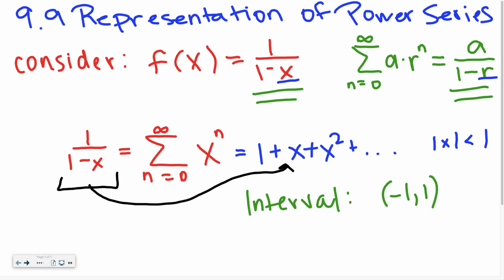Okay, 1 times what is 1? 1. So what do we get? Negative 1. 1 times what is x? x. We multiply and subtract. 1 times what is x squared? Do you see what this is doing?